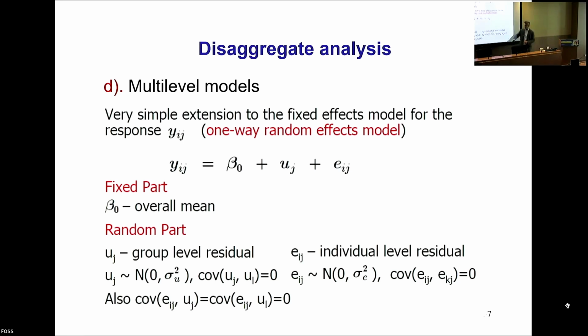So fewer assumptions is better, and that's completely true. But for other people that are interested in group level effects, it comes at the price of all of these assumptions that we need to make. So the standard thing is economists like fixed effects models, and sociologists like multi-level models. But of course, it's not a disciplinary divide, it's really a divide about what the underlying research question is.